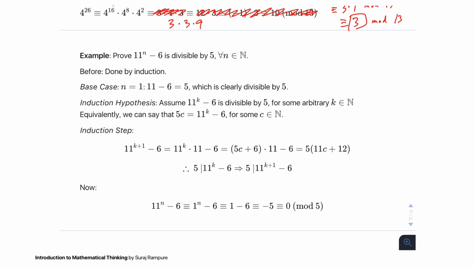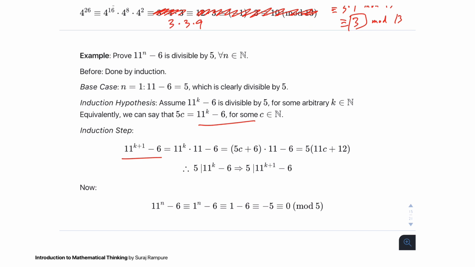Then our induction hypothesis would be: assume 11 to the k minus 6 is divisible by 5 for some arbitrary k. Equivalently, we could say that 5c is equal to 11 to the k minus 6, because if 11 to the k minus 6 is divisible by 5, we can write it as 5 times some integer. Is everyone with me so far? Then in our induction step, we want to expand out 11 to the exponent k plus 1 minus 6.